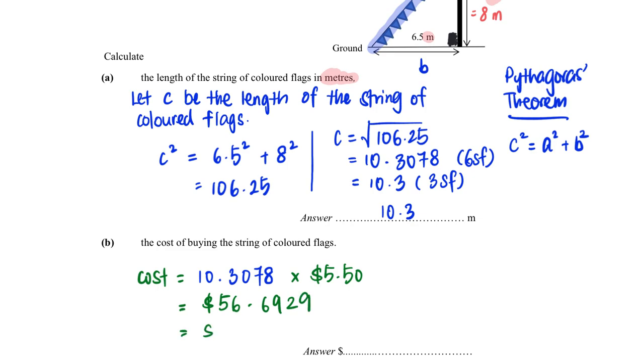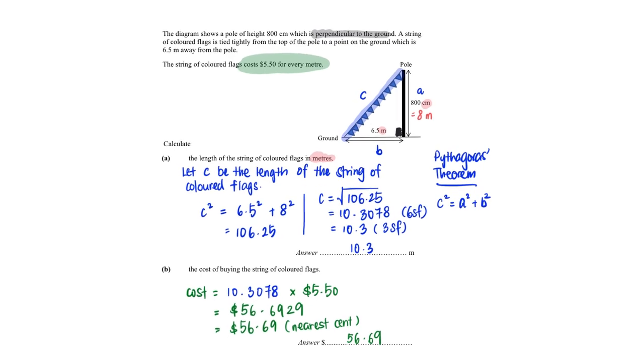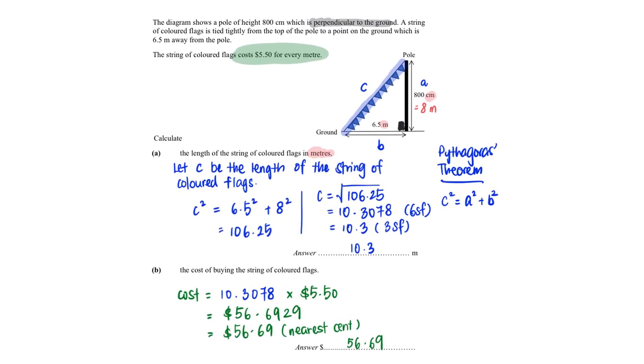And finally, the final answer to the nearest cent, which will be $56.69. And that will be the solution to this particular question. Let's move on to other questions in this mock assessment.